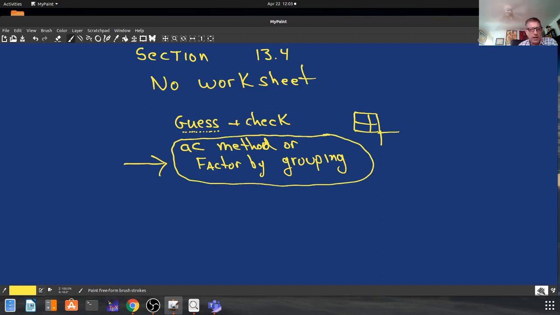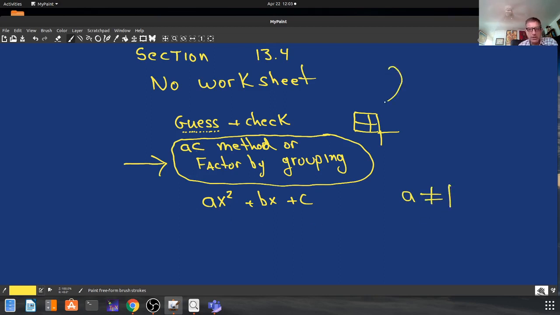So instead, we're going to look at problems where we factor polynomials of the form ax squared plus bx plus c. Notice the difference here? Well, you will when I write this. A is not equal to 0.